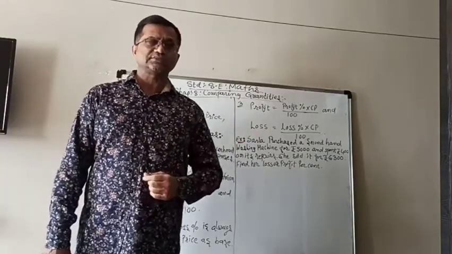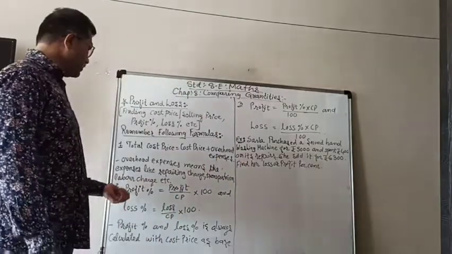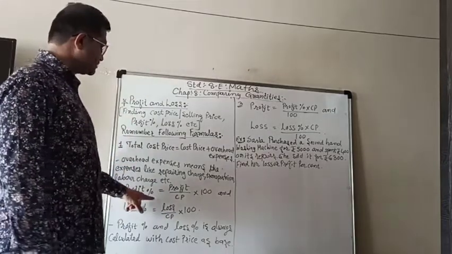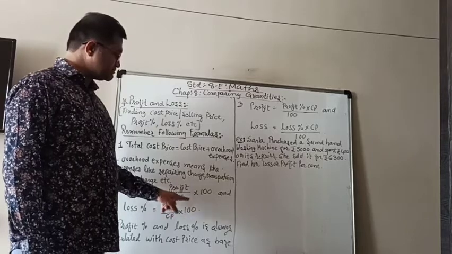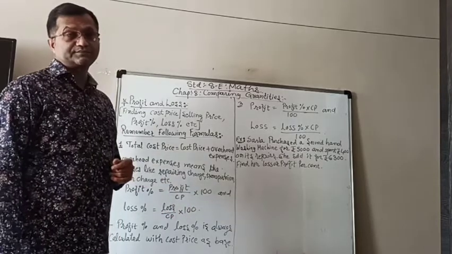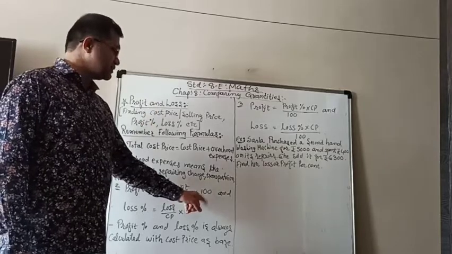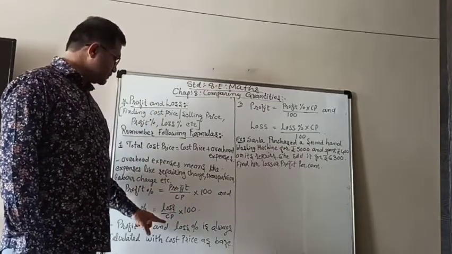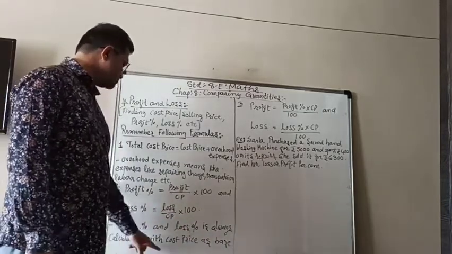But now if you want to find profit or loss in percent, then there is a formula also. If you have found the profit already, then profit percent is equal to profit divided by CP multiplied by 100. Because percentage is always on the base of 100, and we always count profit or loss on the basis of the cost price.